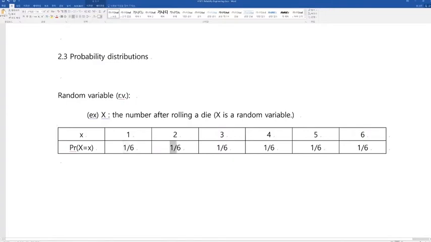And also the probability that capital X becomes 2 is 1 over 6, and so on. So as you can see, a random variable may have many different outcomes, and probabilities or probability distributions will be associated with those possible outcomes. So that is the basic concept of a random variable.